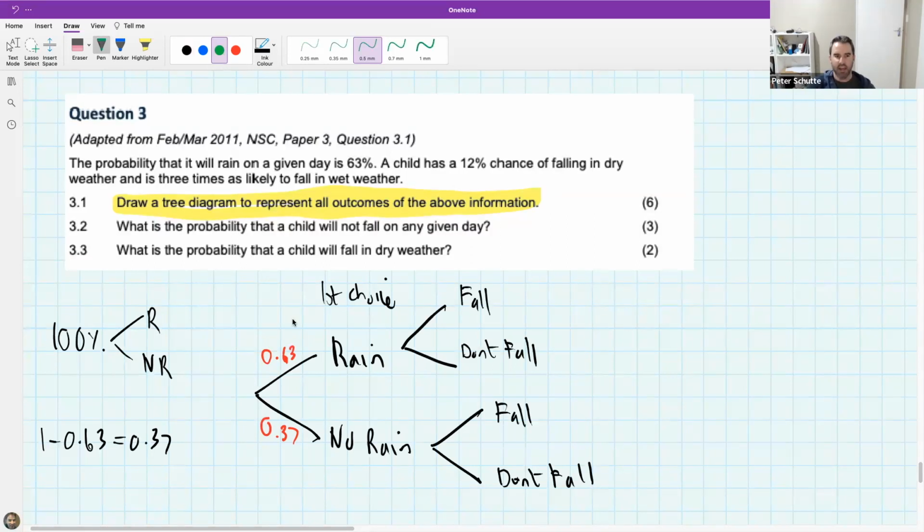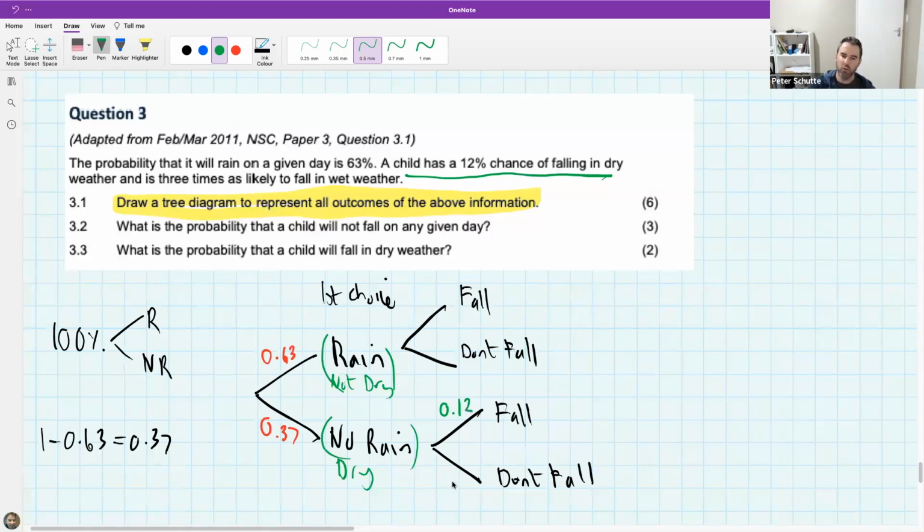Okay, now it says here, a child has a 12% chance of falling in dry weather. Now it's going to be dry when there's no rain. So maybe we could say this one is the same as dry, and this is the same as not dry. These are the same thing. A child has a 12% chance of falling in dry weather, so I'm going to make this 0.12.